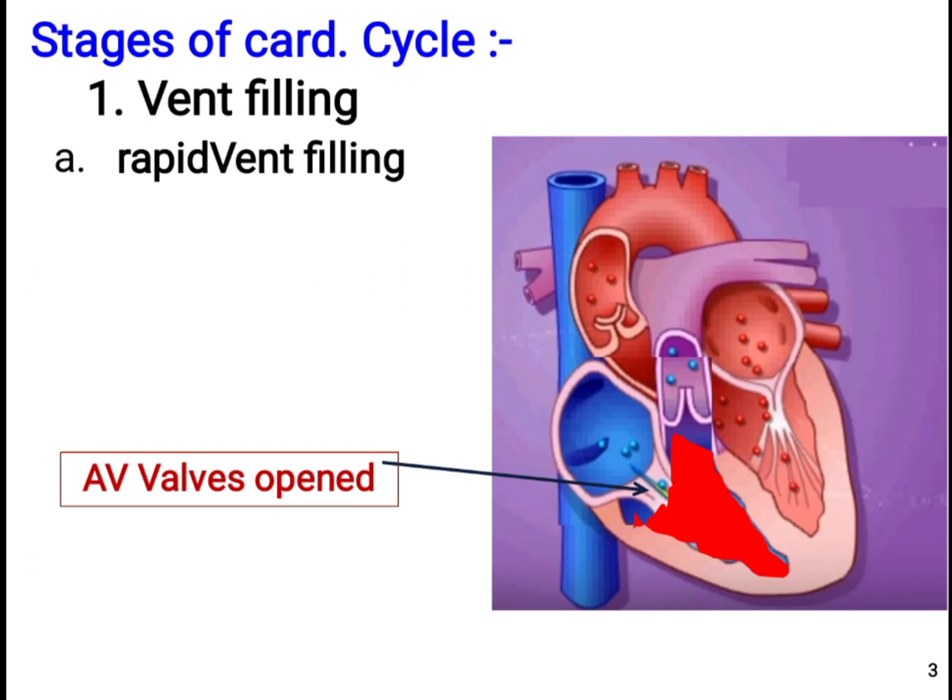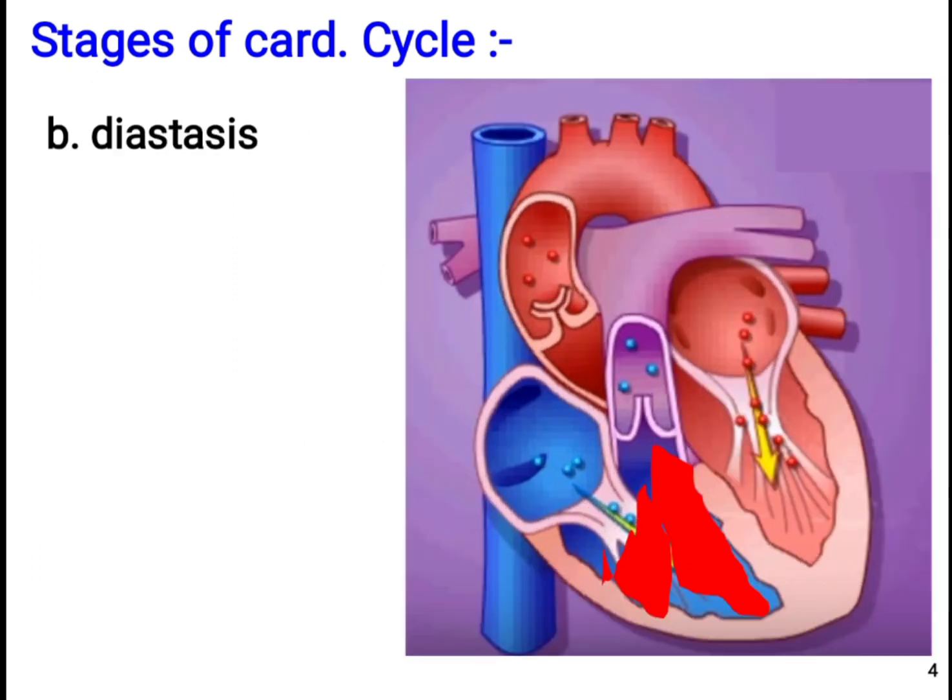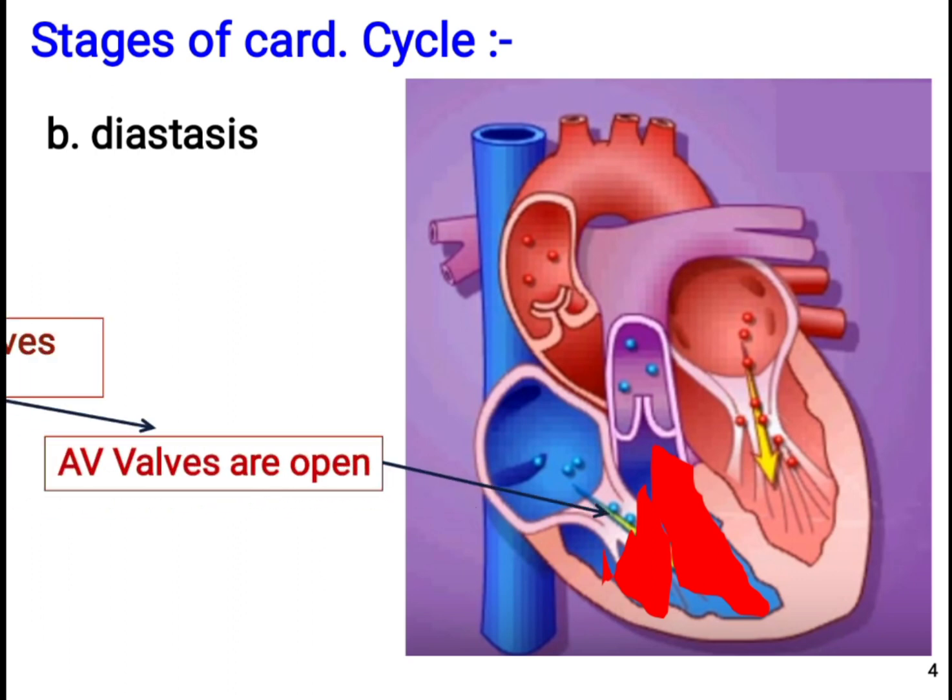In fact, 80% of the blood usually goes into the ventricles. Of the blood that goes into the ventricles, approximately 120 mL, 80% enters during ventricular relaxation or diastole.